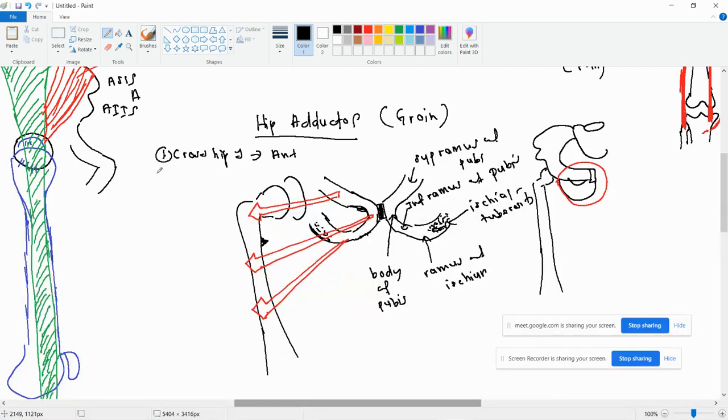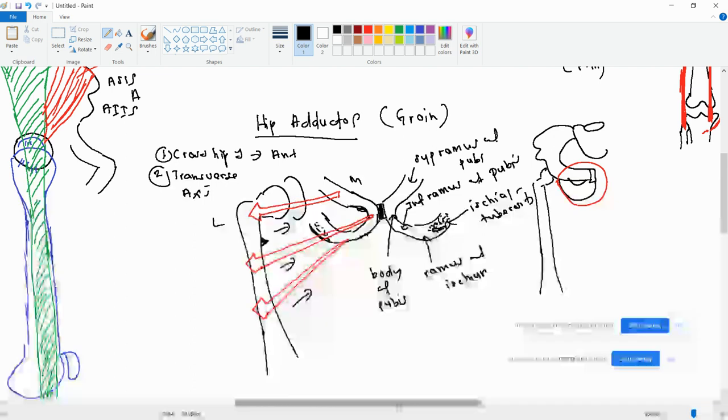Number two, these muscles cross your hip joint in the transverse axis, from medial to lateral. And you can imagine, class, when this muscle contracts, it will pull your femur towards the midline, so that you can produce which movement? Hip adduction.